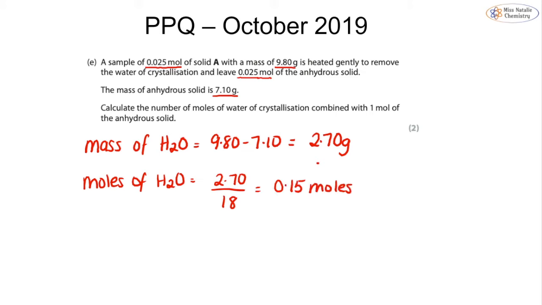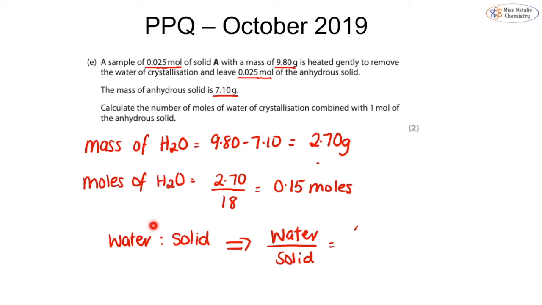We're then going to compare the number of moles of water to the number of moles of solid, and we do that by dividing, which gives us 0.15 over 0.025, which gives you an answer of 6 moles. So we had 6 moles of water in our water of crystallization here.